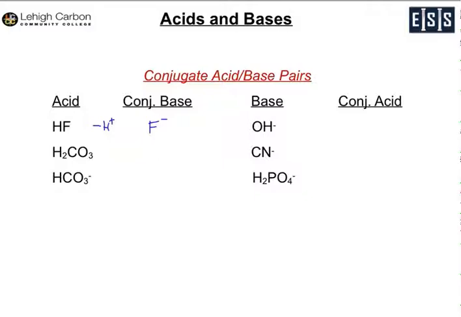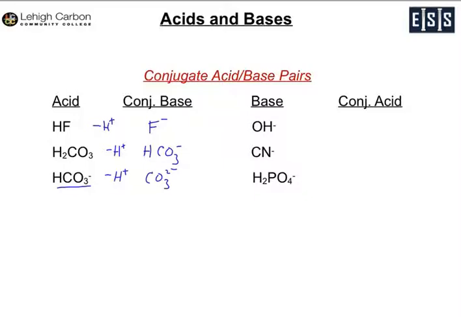It loses the hydrogen and goes to HCO3 minus, the bicarbonate ion. That ion can further lose another hydrogen and go to CO3 2 minus, the carbonate ion. That's what happens with your acids to form conjugate bases.